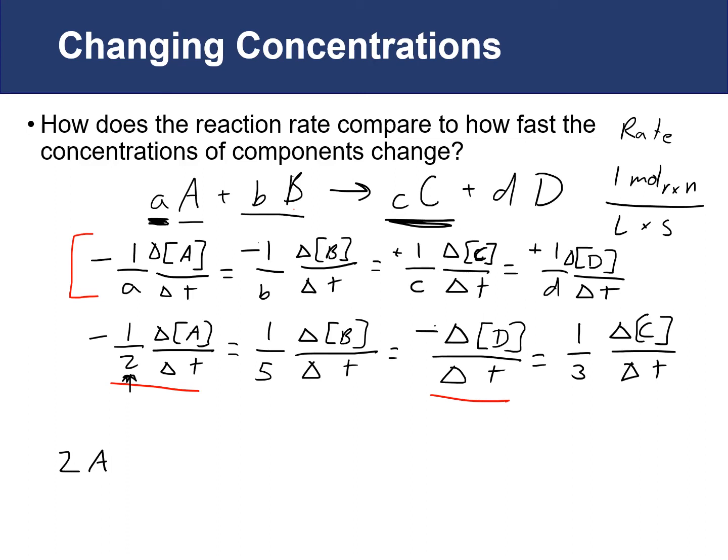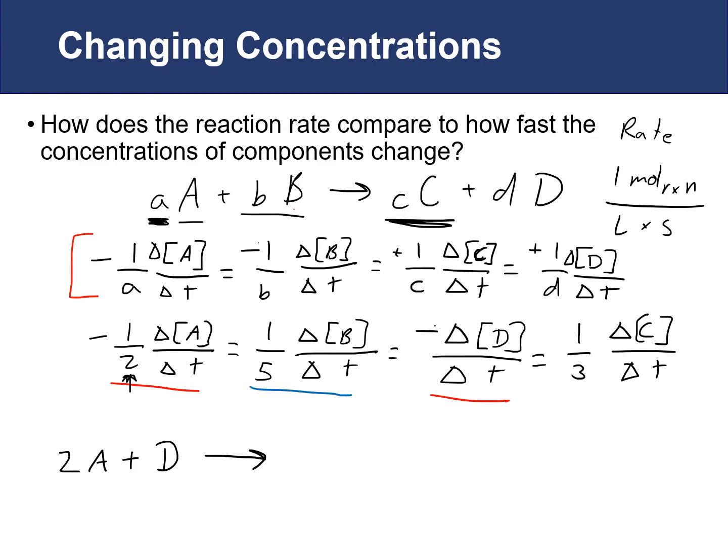1/2 tells us that the coefficient was a 2, because in our equations here it's 1 over the coefficient. Plus, the other thing that has a negative is D. It is negative 1 over 1, or negative 1, so our coefficient here is going to be a 1, and so it would be just plus D, goes to give our B value.